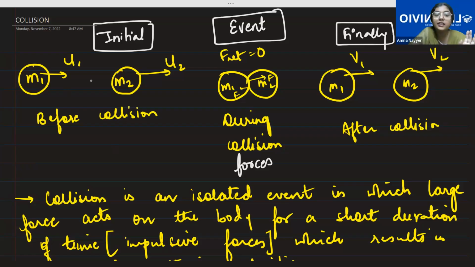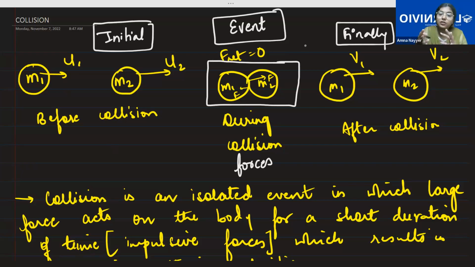Physical contact is not necessary; they can move with any velocity and then come into collision. During the collision event the net force of the system is zero, meaning only internal forces act, and Newton's third law is completely applicable. Initially they collide, and finally they get separated.